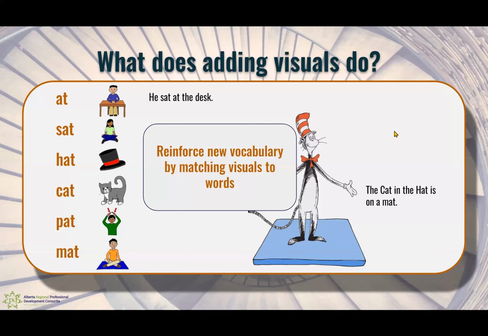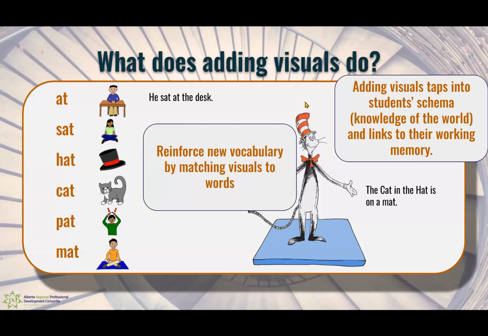And even, maybe if you're doing some activities in the classroom, one set of your classroom has the visual, and then the other set has the word, and then the students have to partner up based on, like, where's the hat: one person has the word hat and the other person has the visual of the hat, and they come together, and that's how partners are made. That's just an idea. And just, as I've said before, visuals tap into that student schema, that hippocampus, part of that working memory.